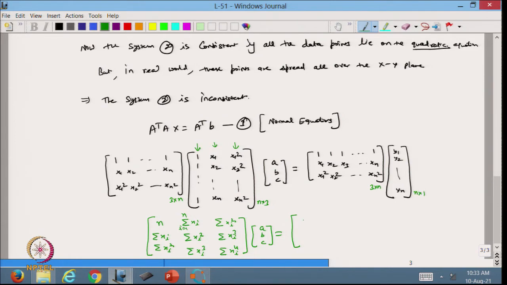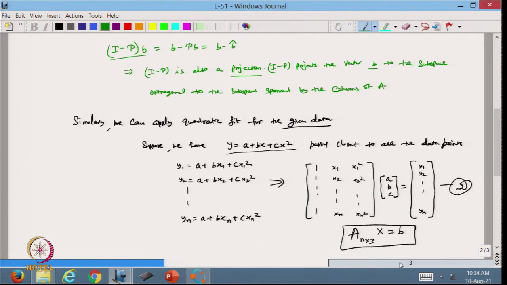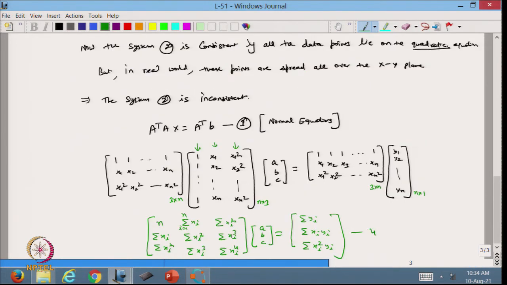So, I will get a vector of order 3 cross 1. So, I am taking this summation: summation of yi's, summation xi's yi's, and summation xi square into yi. And this equation I can write as equation number 4.